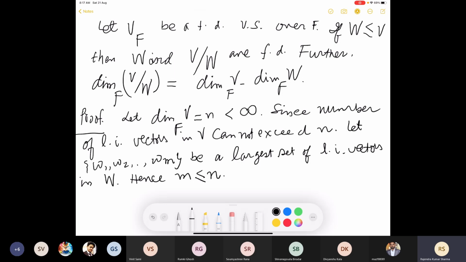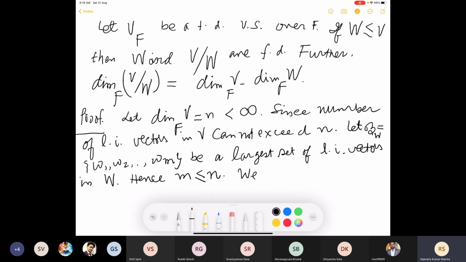Now, if they also span W, then this becomes a basis for W. So let us take that BW is W1, W2, Wm, and this is the largest possible set of linearly independent vectors from W. That means if there is some other set of linearly independent vectors from W, then the number of elements will not exceed m.